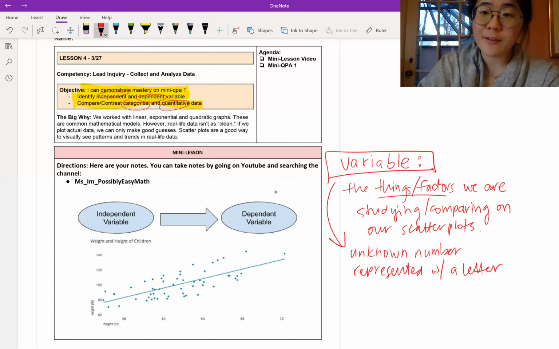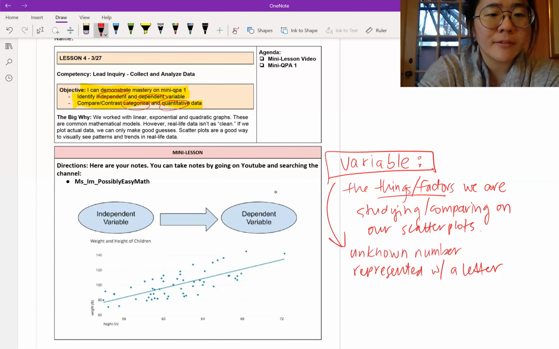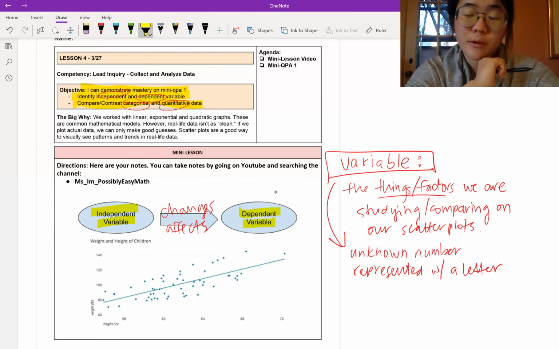The way I like to think of it, and this is something I said in class before, is that an independent variable basically changes, or you can think of it as it affects the dependent variable. Okay, so what do I mean by that?